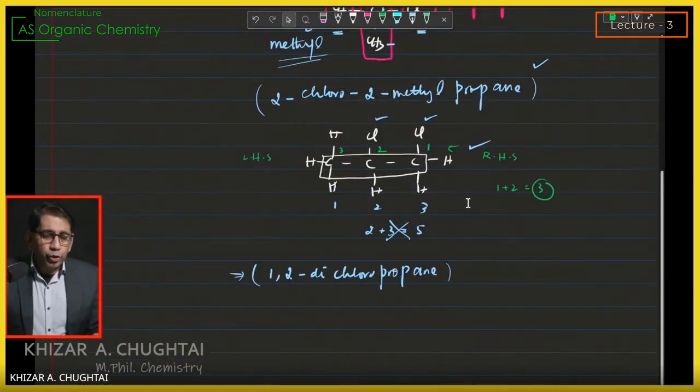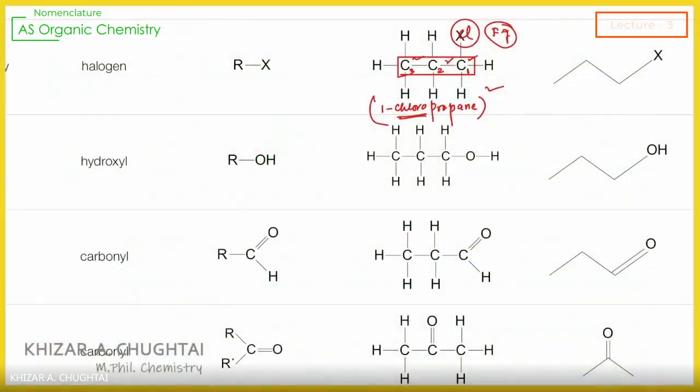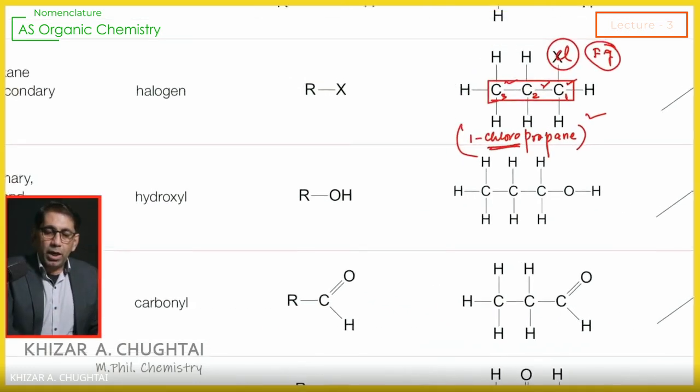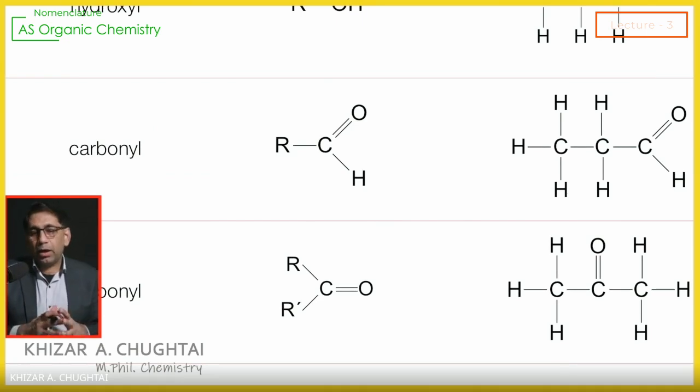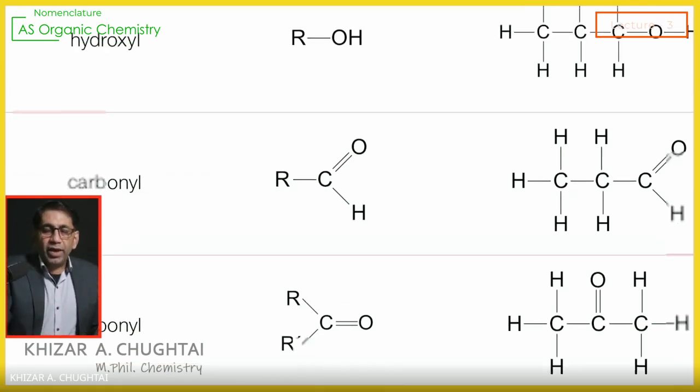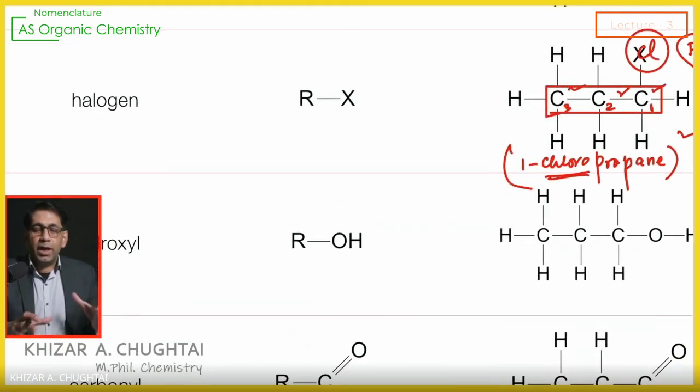Now I'm switching to the next functional group, which you can see over here: the carbonyl group or carbonyl compound. We talked about alkene, and today about halogens.